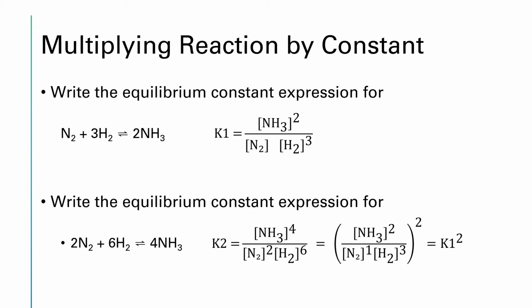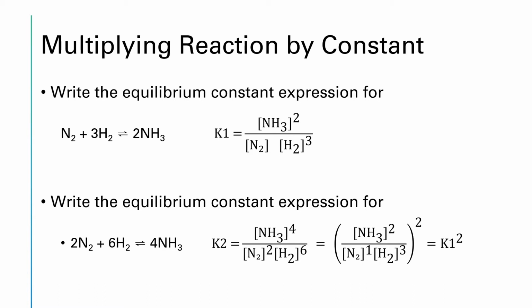So basically, by doubling all of the coefficients, we doubled all of the exponents in the K expression. And so when we think about this mathematically, if all of the exponents were multiplied, that's like raising a power to a power. So I'm going to pull that 2 outside as a power that we're raising our original equilibrium constant to.